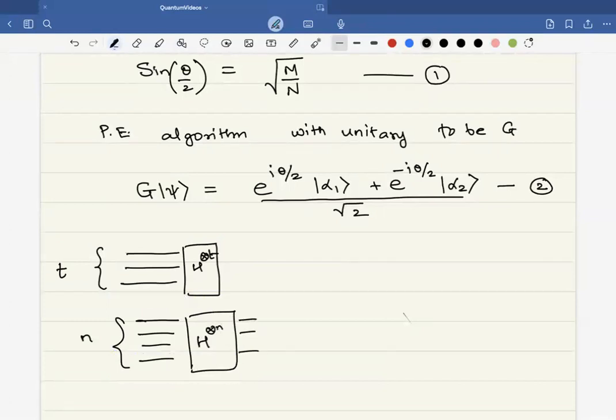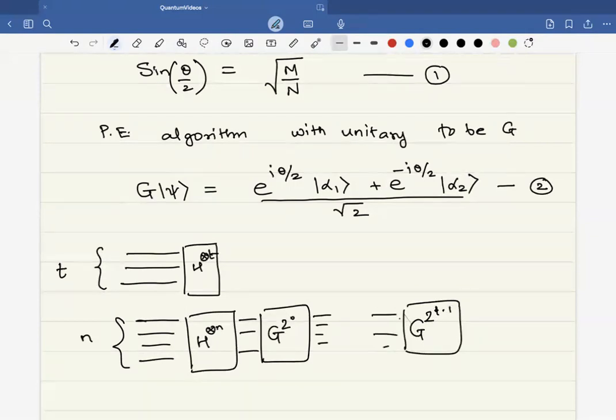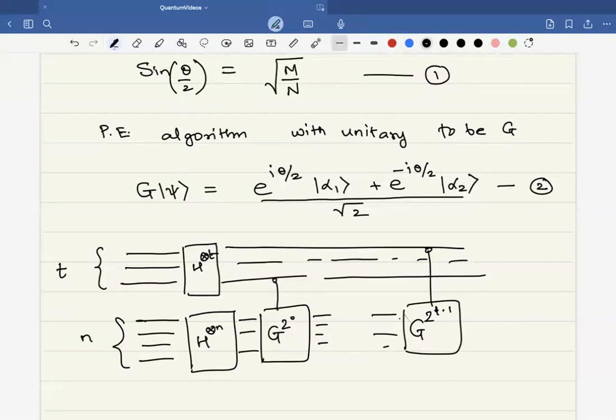And then we had this Grover operator, G 2 to the 0, and finally, G 2 to the t minus 1. Right. And there were some control gates that get applied, something like this. And then we had this measurement over here. And this is where we get the estimate of theta over 2, right? Because it's theta over 2 over here.